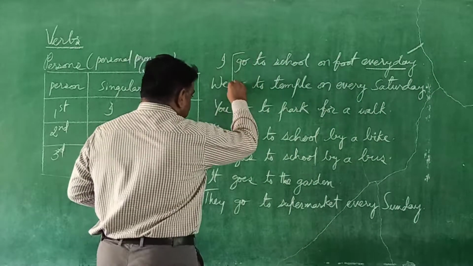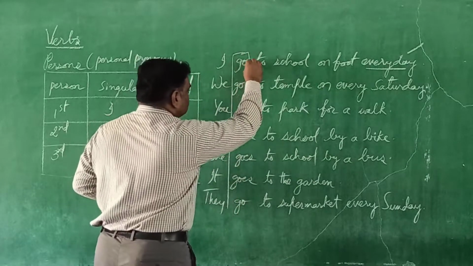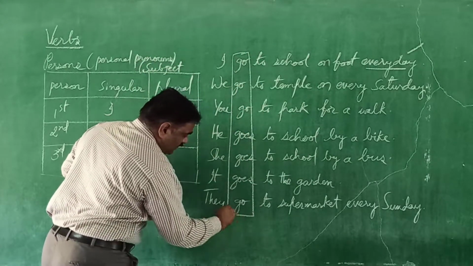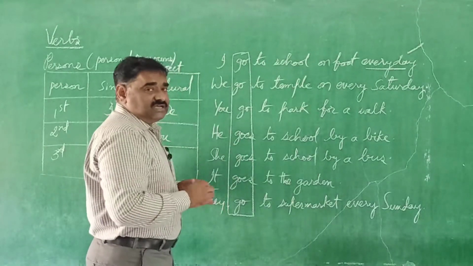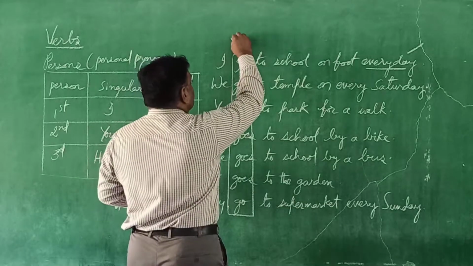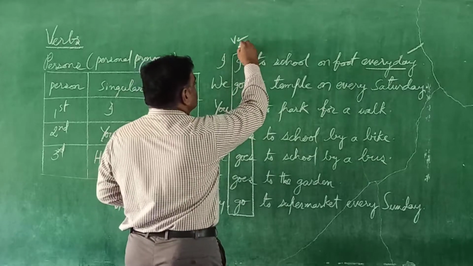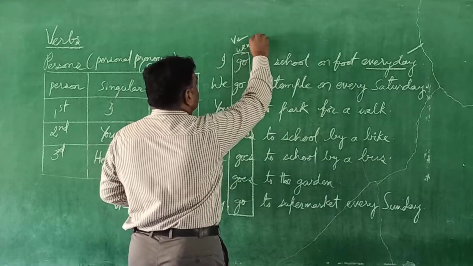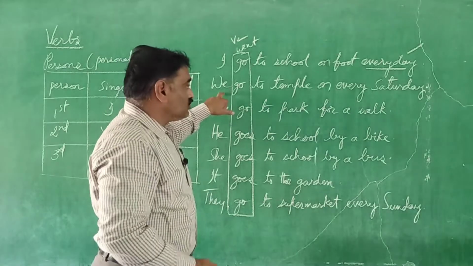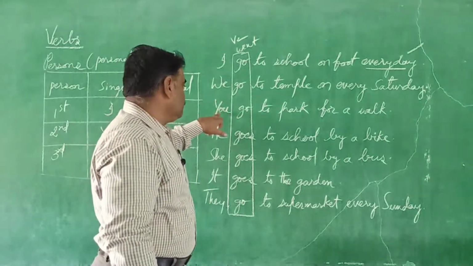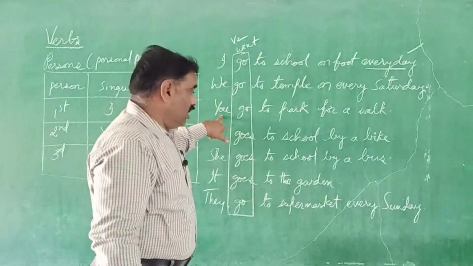All the verbs here. These are all the verbs you should change into the V2 form. Go. What is the V2 form? Went. I went to school on foot every day. We went to temple on every Saturday. We went to the park for a walk.